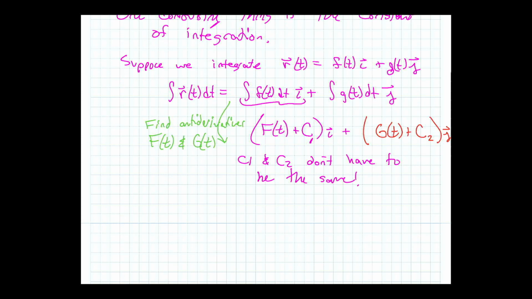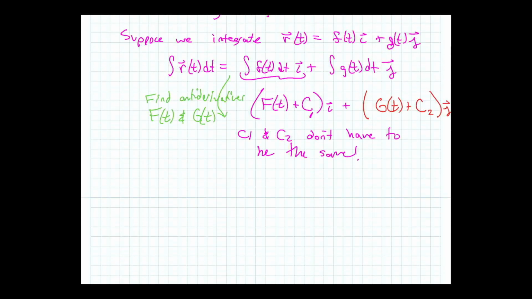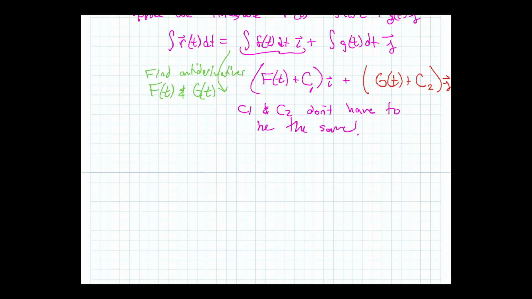All right. So the way you could do this is you could combine these together, right? If I keep going here, the integral of r of t dt, you could write it this way. It would be capital F of t times the i, plus G of t j, right?